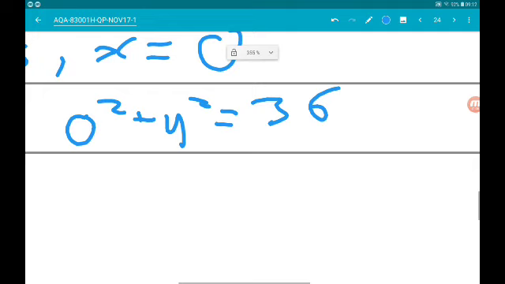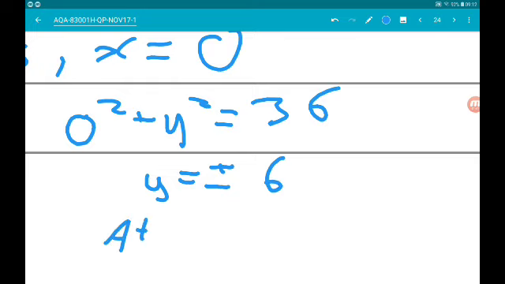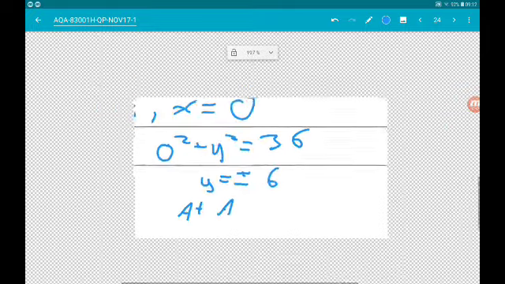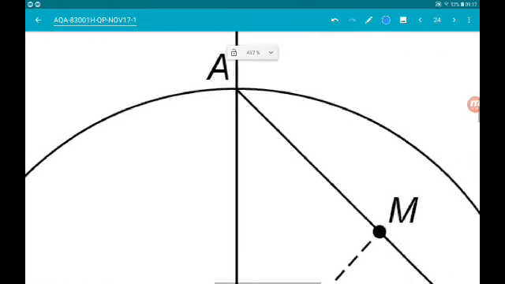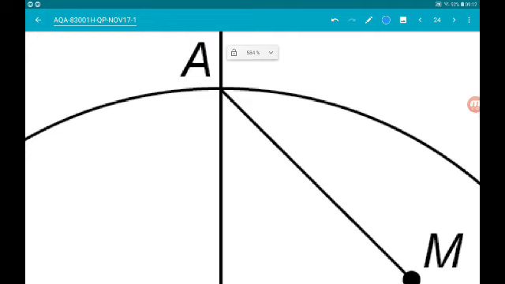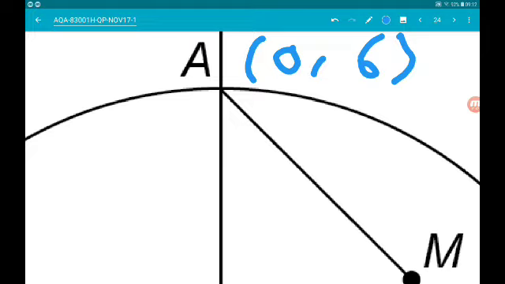So if we square root, y is plus or minus 6. So at A, which is above the x-axis, we've got 0, positive 6.